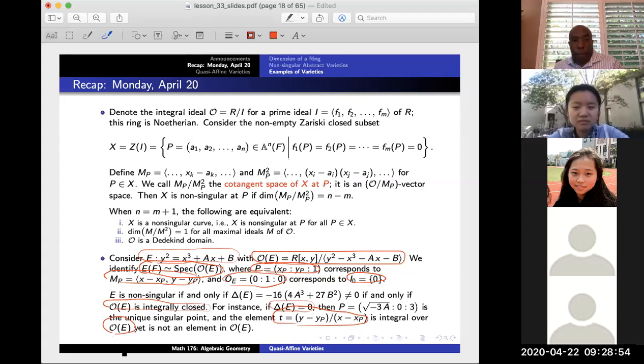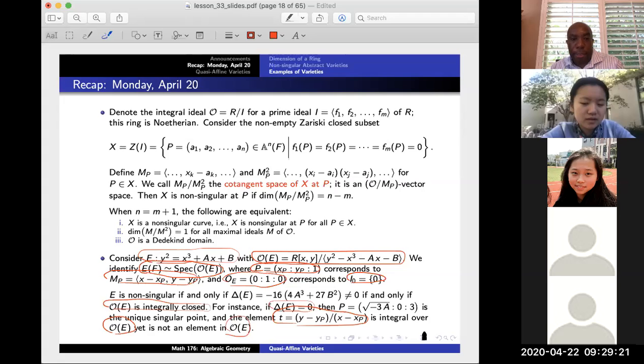Meaning that it's the root of a degree 2 polynomial with the coefficients in OE. However, it is not an element of OE. So that means that this T is an element of OE prime, but it's not in OE. So T is in the integral closure, but it is not in OE itself. So this is an explicit element that actually tells you that the coordinate ring OE is not integrally closed.